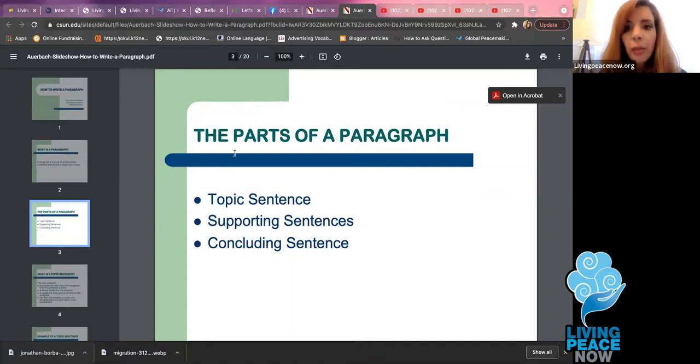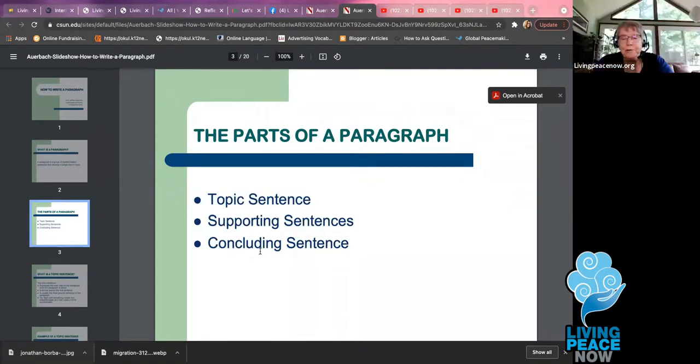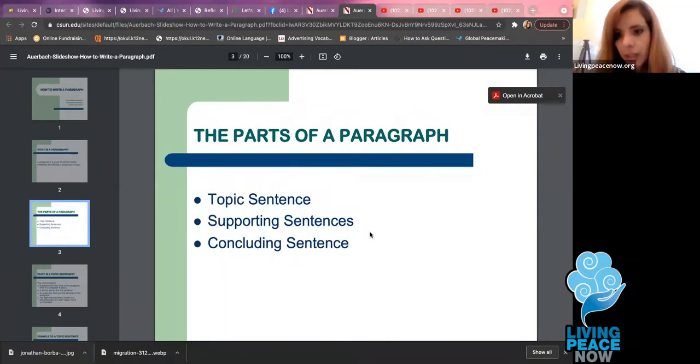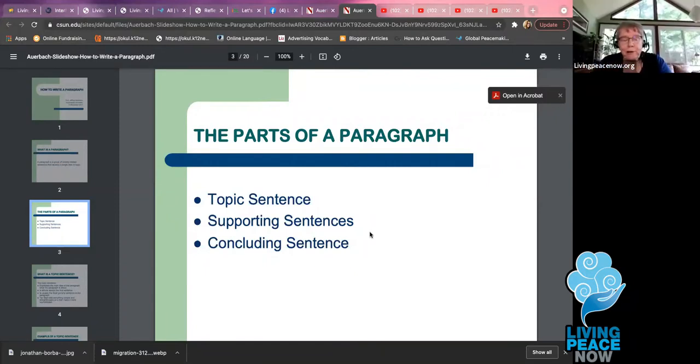All right. The parts of a paragraph. We have a topic sentence, supporting sentences, and a concluding sentence. I wanted to talk about the supporting sentences, which need to be actual facts.